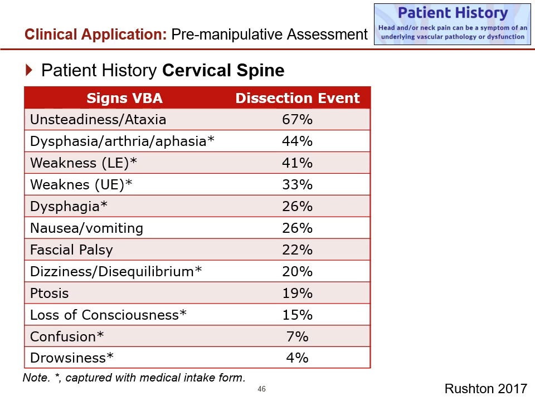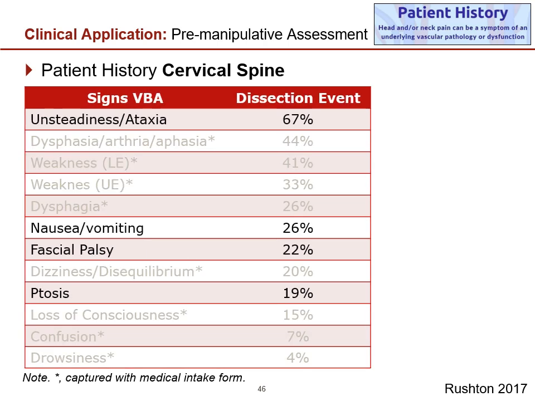Okay, and then if we look at the dissection event and we break it up into the vertebral basilar artery, they can have a little bit of different signs associated with it versus your ICA. So if we blank out the ones that are otherwise going to be screened for you, then you have unsteadiness and ataxia, which likely would be captured based off your gait assessment, and or they would likely tell you that they've felt unstable or unbalanced.